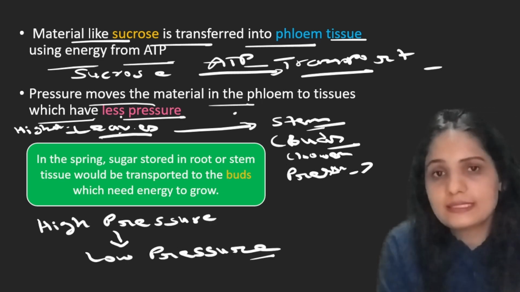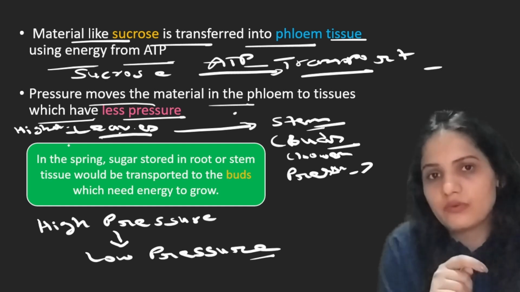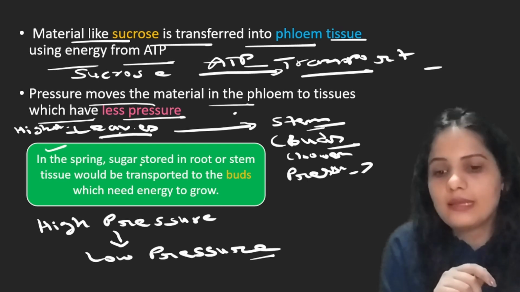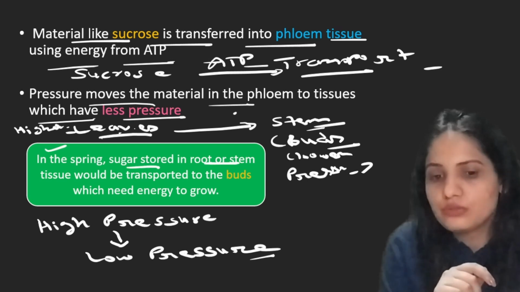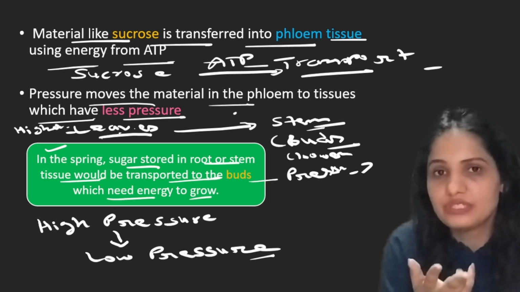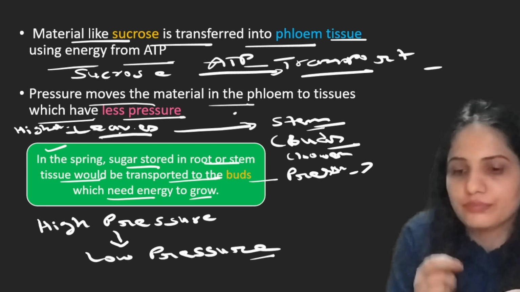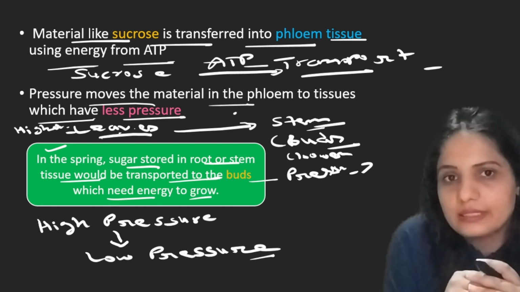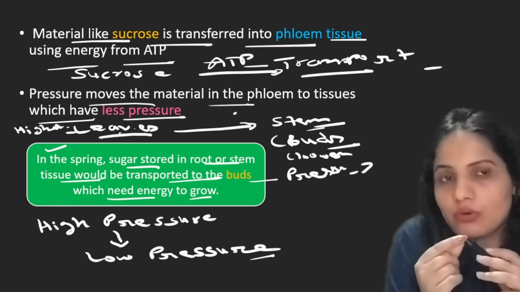Let's take an example to understand this. This example is from your NCERT, and this can be asked in your CBSE, so try to understand it. In the spring, sugar stored in root or stem tissue is transported to the buds, which need energy to grow. This is the perfect example. What happens in spring? We see that new buds arise on the plant body.